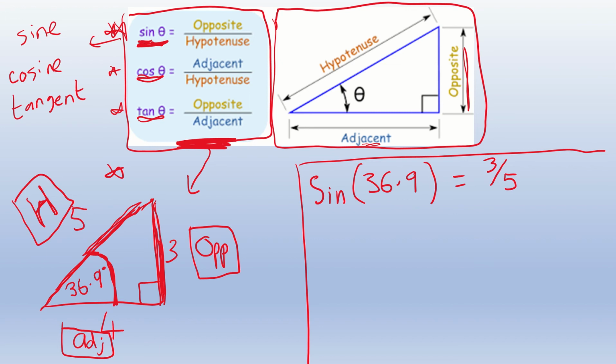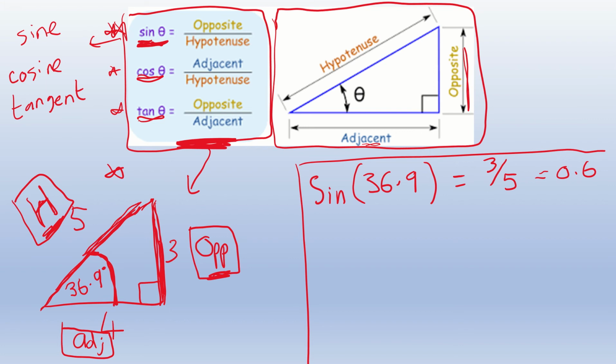What that tells me is that if I have a right angle triangle with 36.9 degrees as one of my angles, then the ratio between my opposite side and my hypotenuse is going to be 3 over 5. So if we put 3 over 5 into our calculator, it's going to be 0.6.